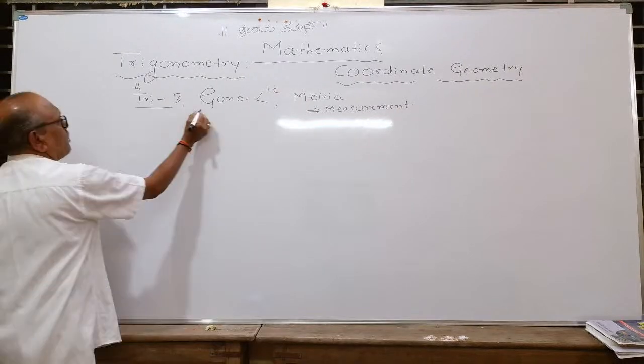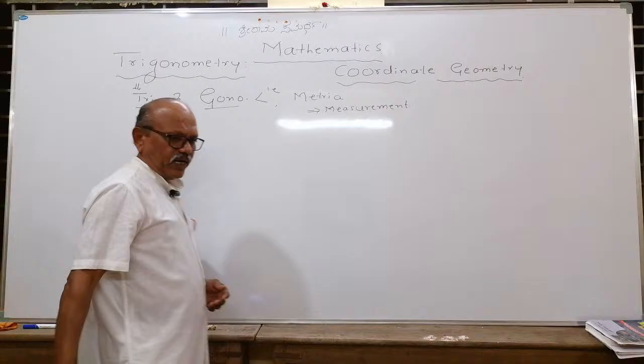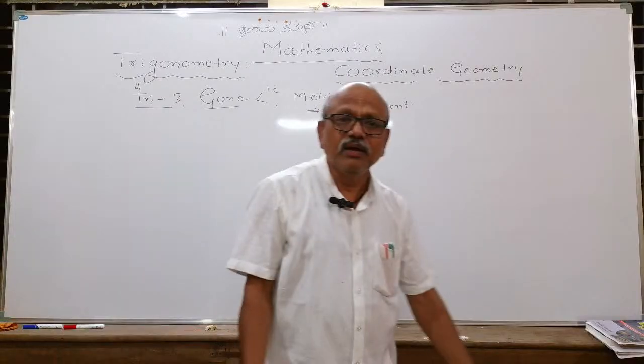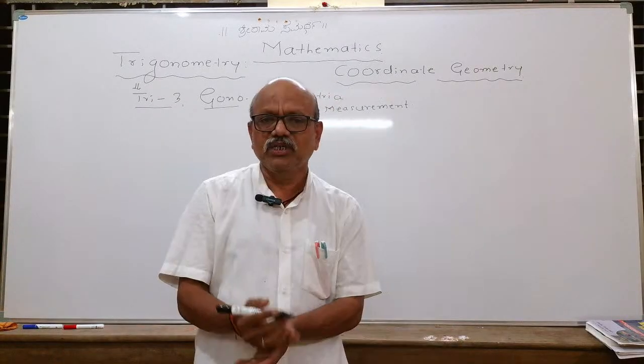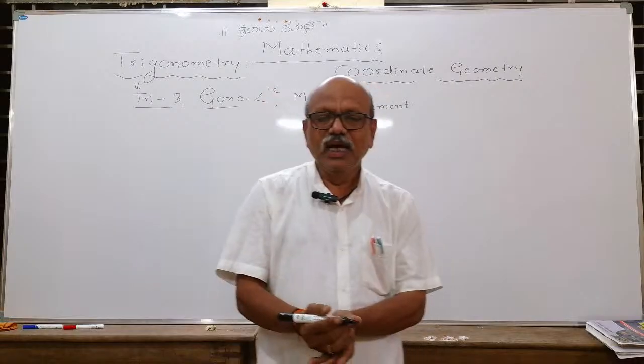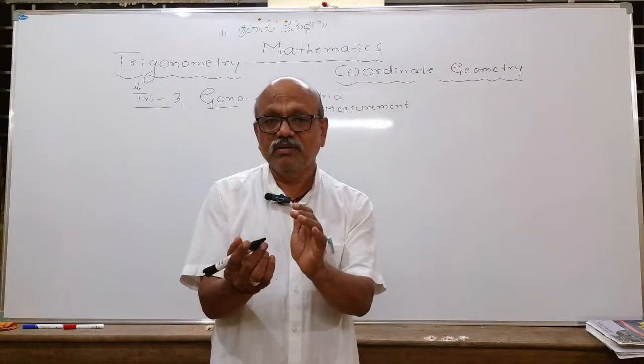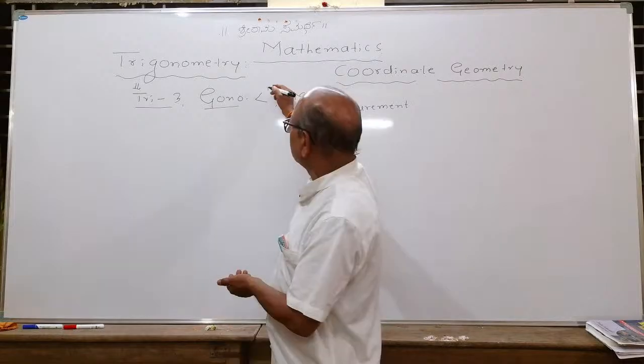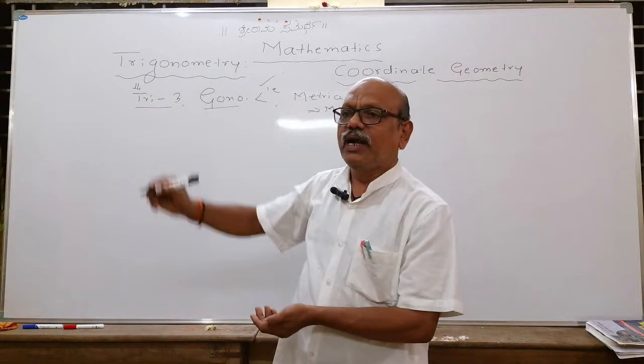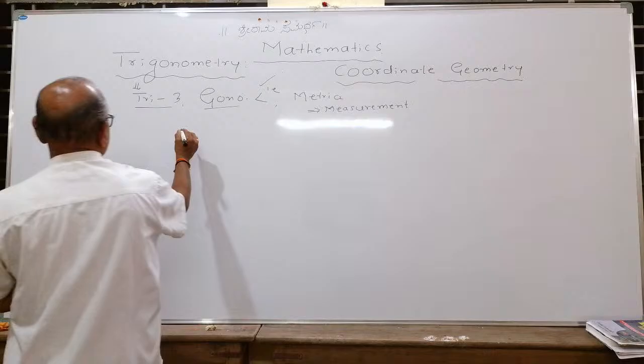Trigonometry is the branch of mathematics. We can define trigonometry as the branch of mathematics which deals with the study of relation between sides and angles of a triangle, or measurement of angles of a triangle. Trigonometry deals with 2 things.